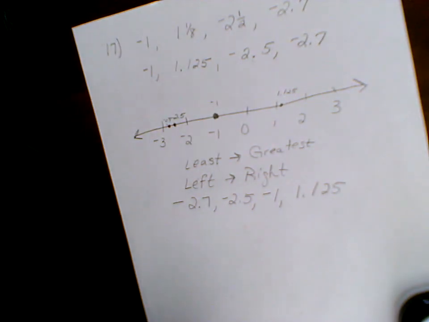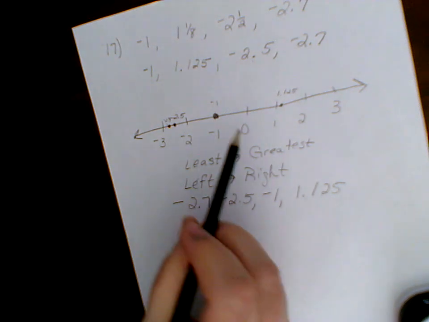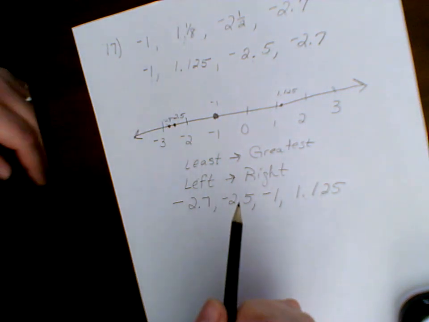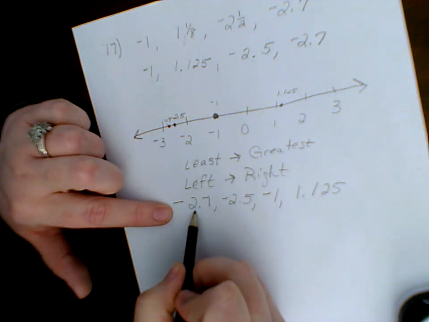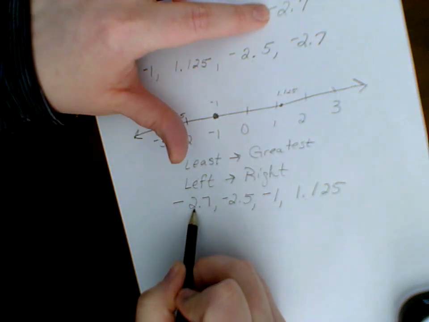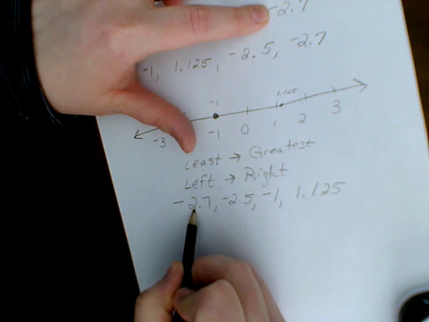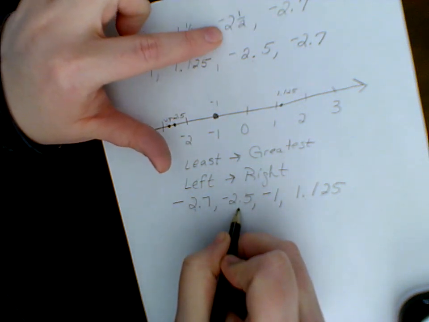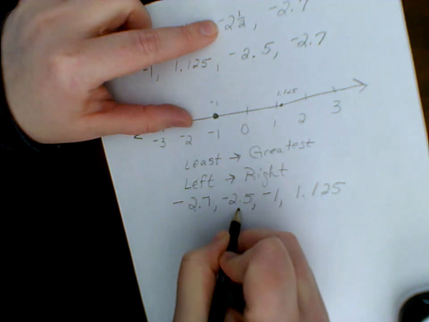But what did I do this time that's different than how I answered my previous ones? I really forgot to write them back the way they were given to me. So I'm going to come underneath and go, okay, -2.7. Okay, that's what my question was. I don't have to change that one. -2.5. Uh-oh, I didn't write that one the right way.